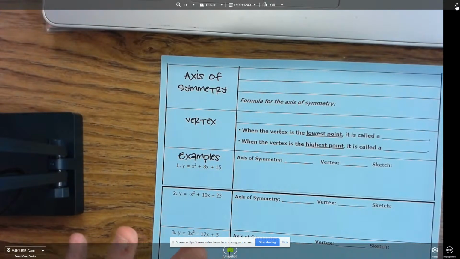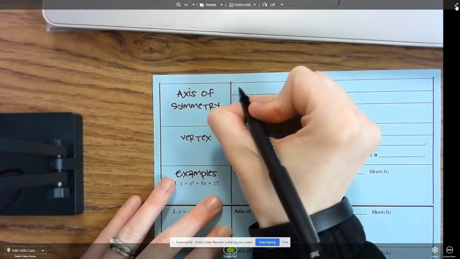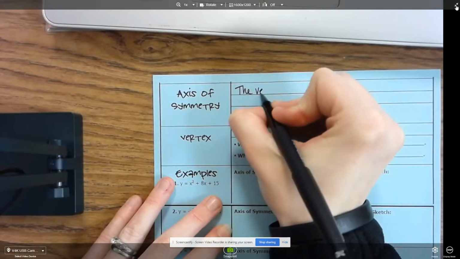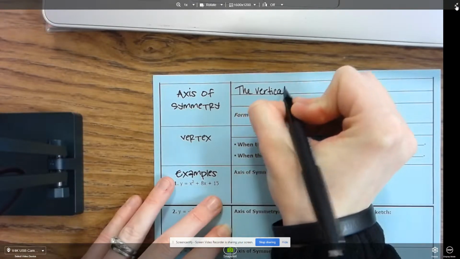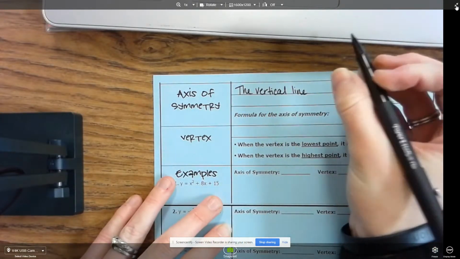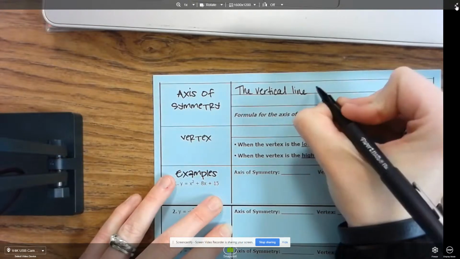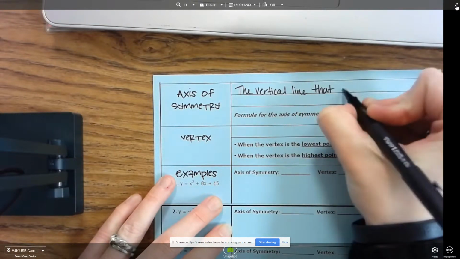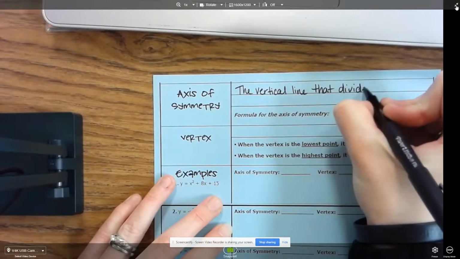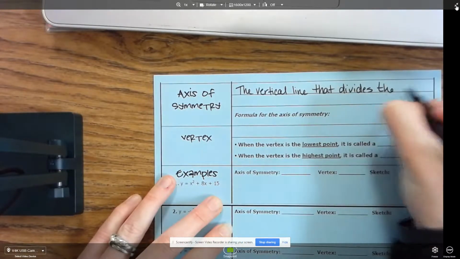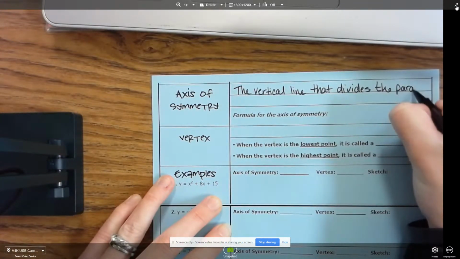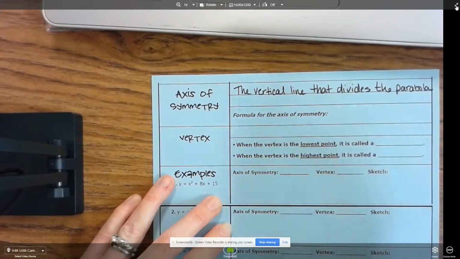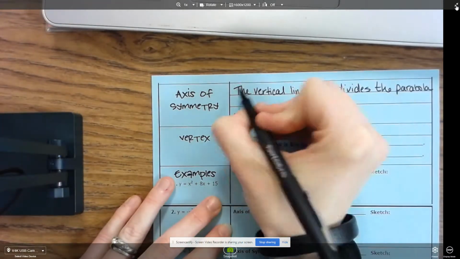Okay, so the axis of symmetry. This is the vertical line that divides the parabola into two equal parts.